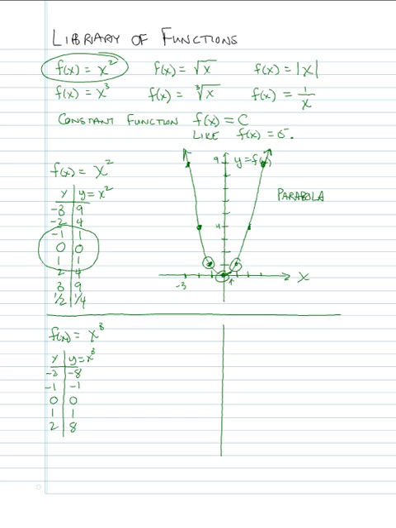So I'm scaling it a little differently. Okay, so on the x-axis, I'm going to let each one of these be 1 unit. And on the y-axis, I'm going to let each one of these be 2 units.